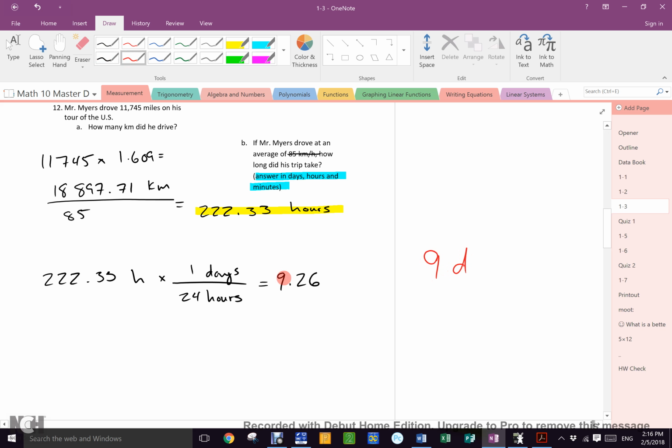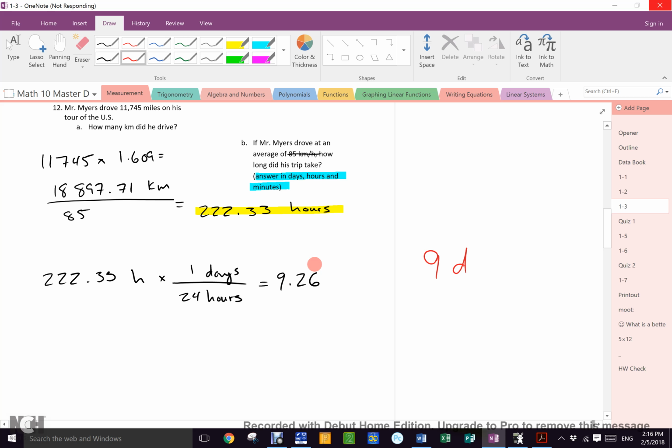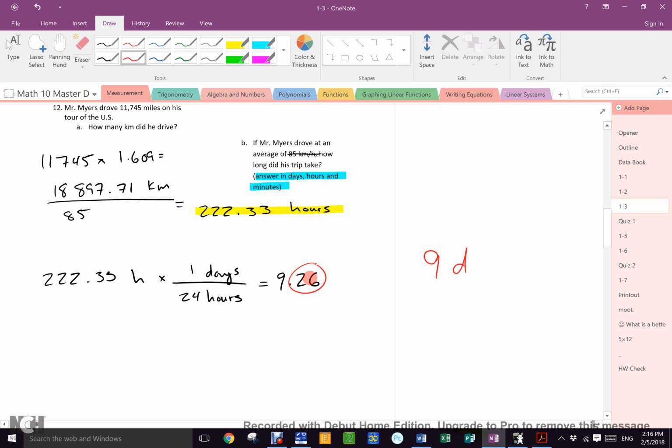So, how many days have I driven? 9 days. So do I care about this 9 anymore? No. So now I have that left over, yes? Which is what? What measurement is that? That is 0.26 what? Days. And now what do I want to go to next? Hours. So I need to multiply. I want hours.